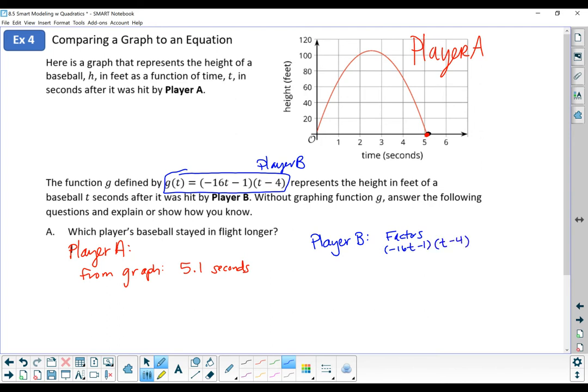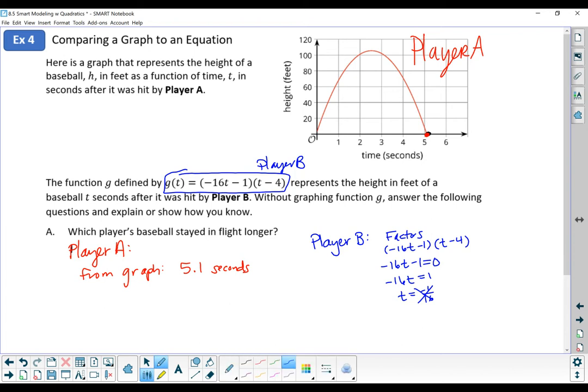If I set negative 16t minus 1 equal to 0, t equals negative 1 over 16, and that's a negative number, so in context, this number doesn't really make sense. The parabola for player B probably looks similar to player A's, so that negative intercept is right here, but in context, it's meaningless.